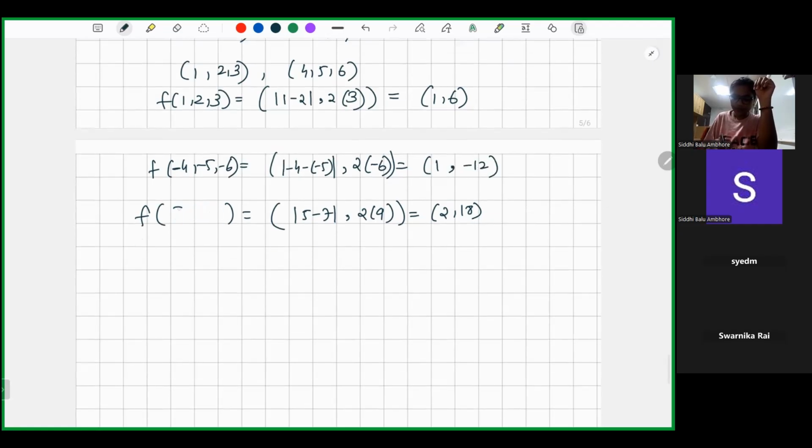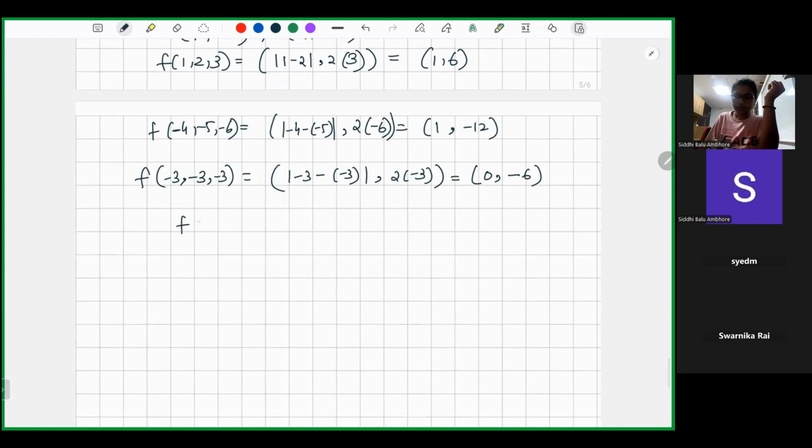And here, 1 minus 4 is minus 3, and again minus 3 each. So this is mod of minus 3 minus minus 3, comma 2 into minus 3. I hope I'm correct here. That is equal to 0, comma minus 6.